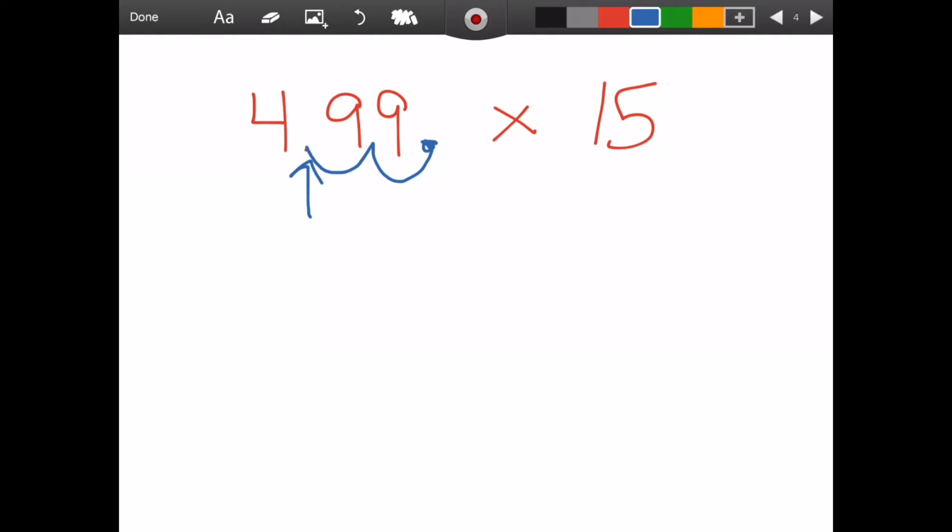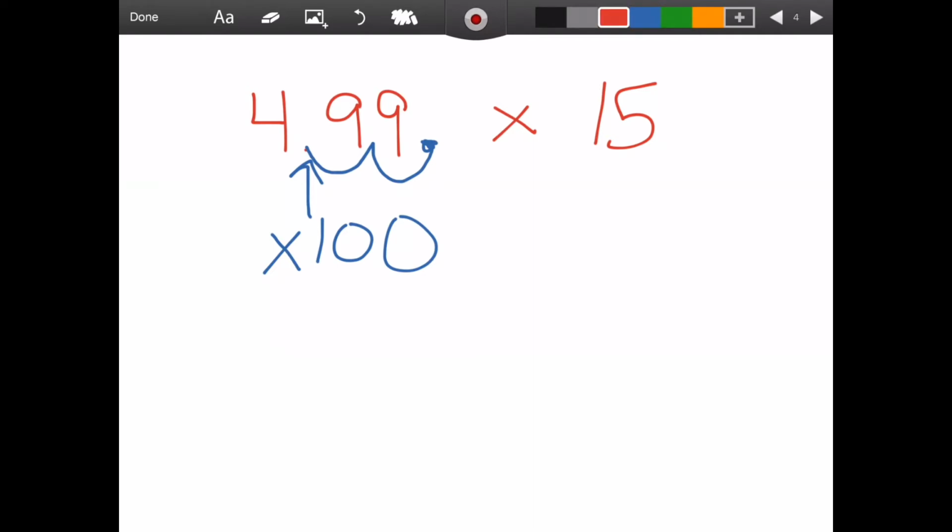Now the reason I like to do that is because if you've moved it over twice, we now have a whole number. But we have to think about what we actually did to that number. If we moved the decimal over twice, what we actually did was we multiplied that number by 100. Now you may think to yourself, well, why would I want to change the problem by multiplying by 100?